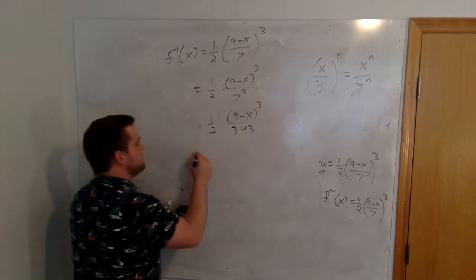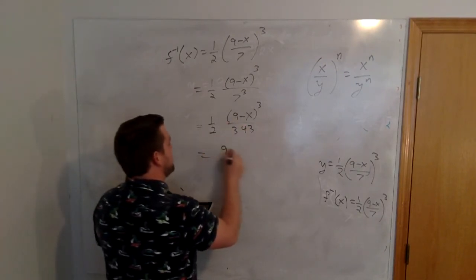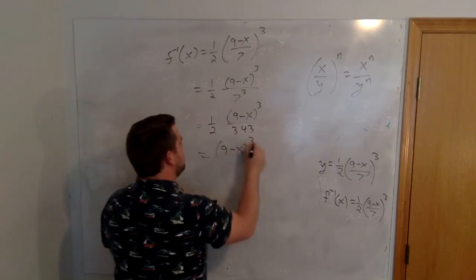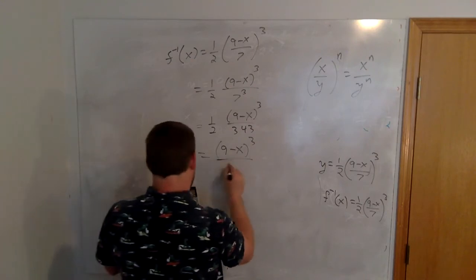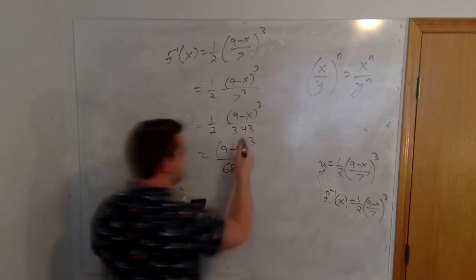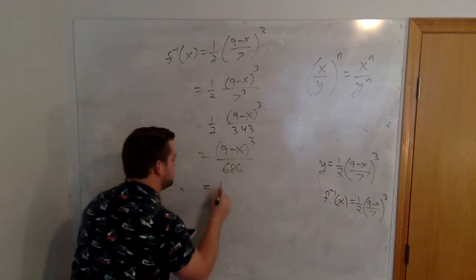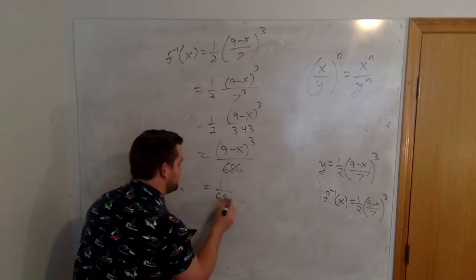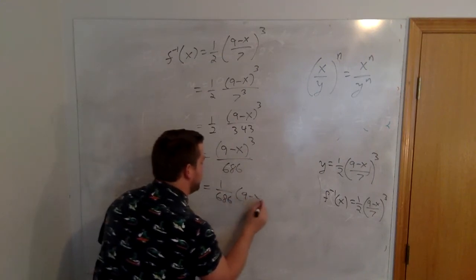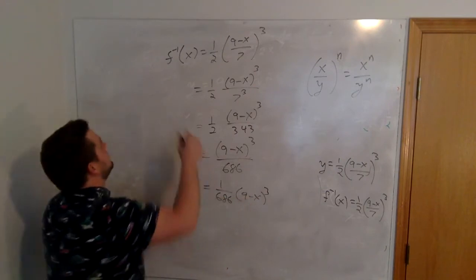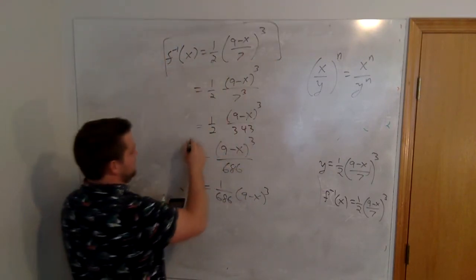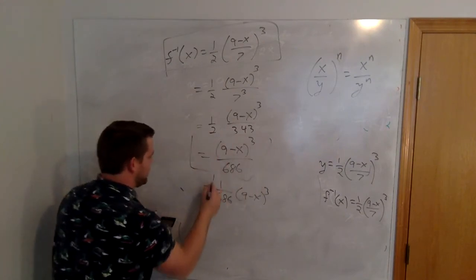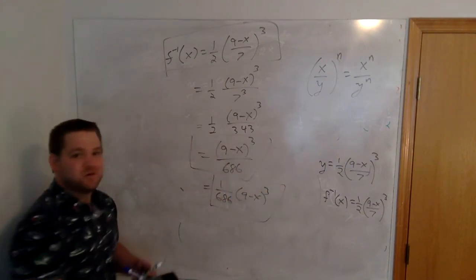And now if we multiply these fractions together, I could have (9 minus x) cubed over 343 times 2, which gives us 686. So this is completely fine to write it like this. You could also write this as 1 over 686 times (9 minus x) cubed. If you wanted to write your answer like this, or like this, or like this, all would be equivalent.